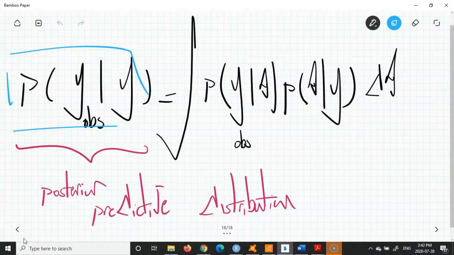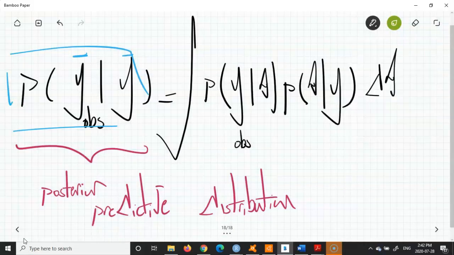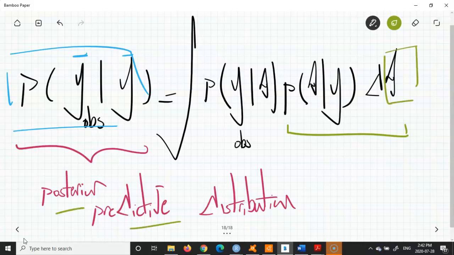We are looking for the probability of observing y based on the outcome which we have, and we express that in terms of the likelihood function, and we integrate over the whole parameter space to get the posterior predictive distribution.